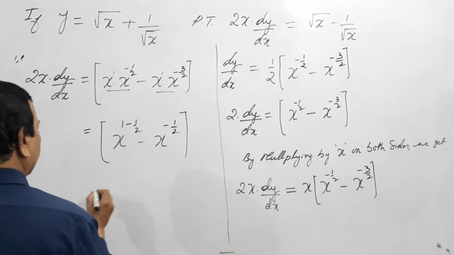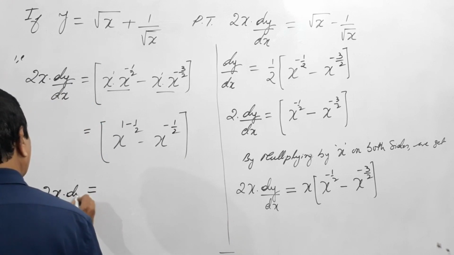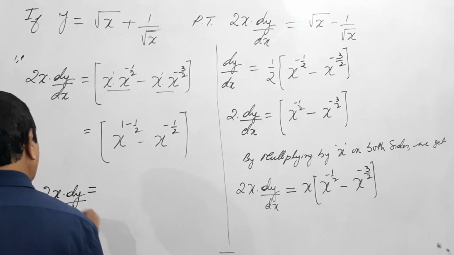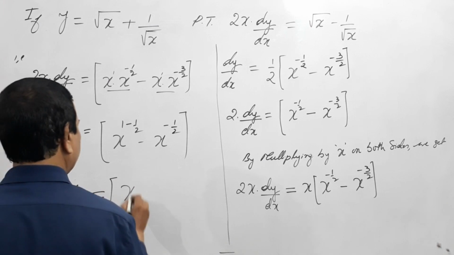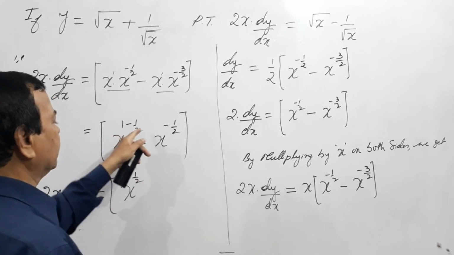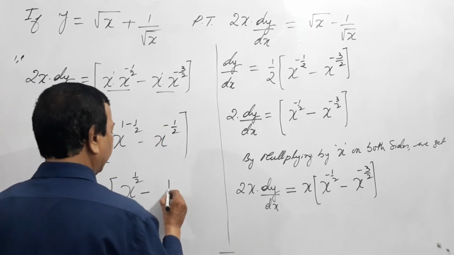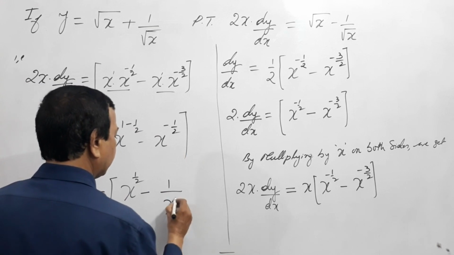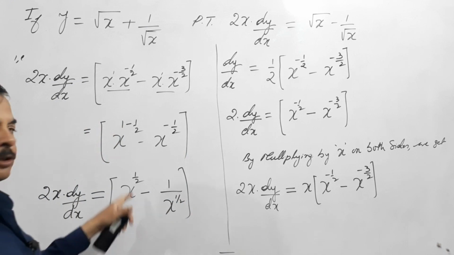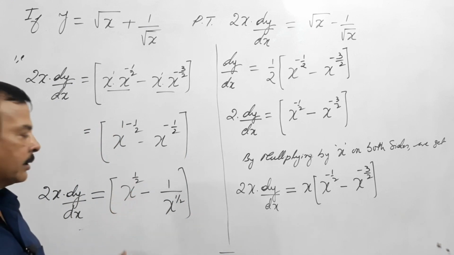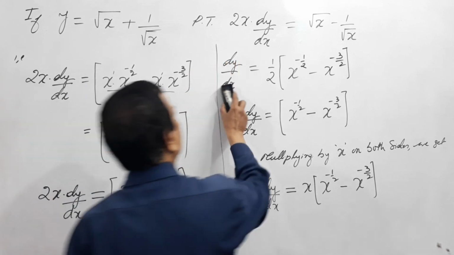So on the left hand side we have 2x dy by dx equals x to the power of half, since 1 minus half is half, minus, and I will send this to the denominator, so this becomes x to the power of plus half. What is x to the power of half? It is nothing but root x, minus 1 by root x. We got it.